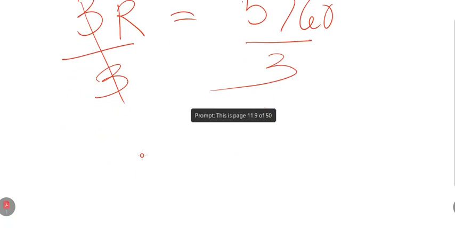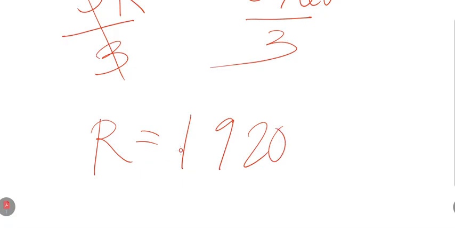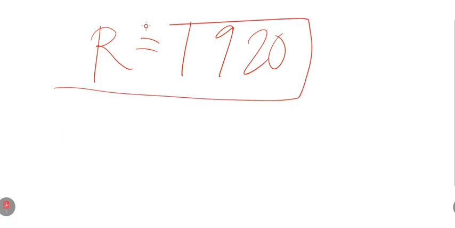That's going to give us r is equal to 1,920. So the estimated number of residents in the building is about 1,920 of them.